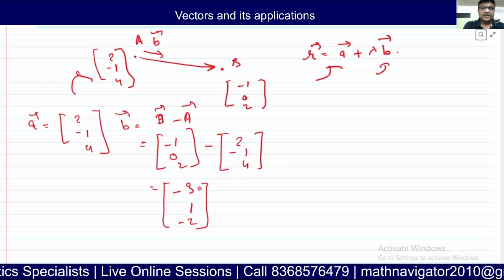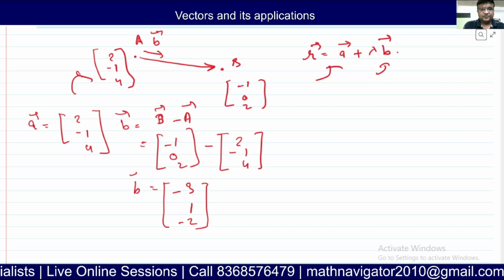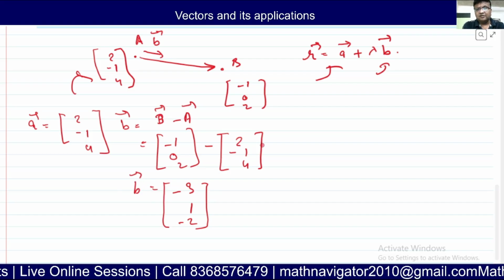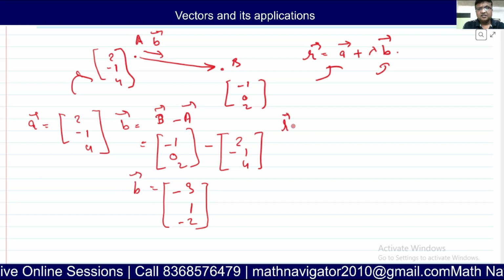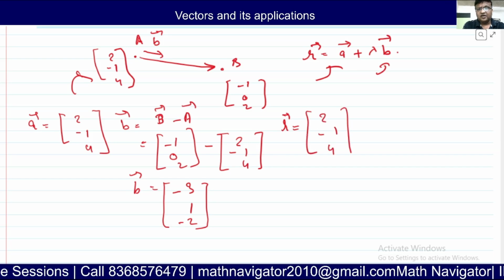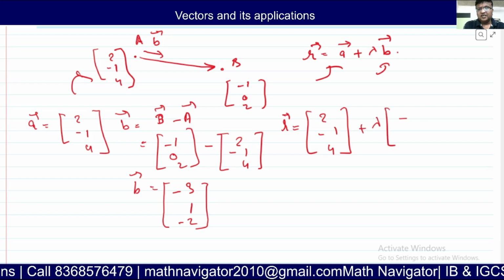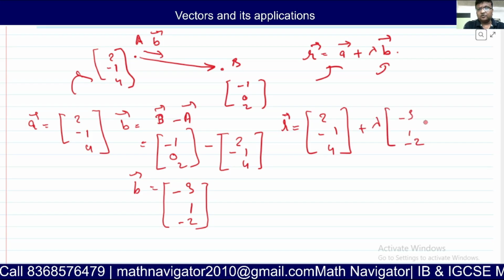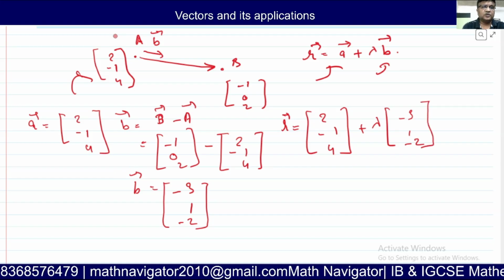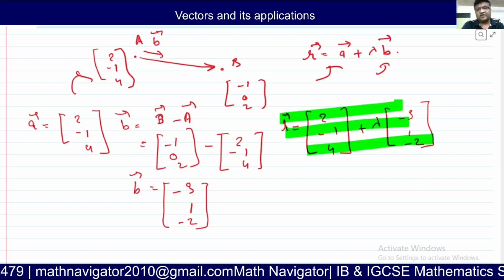So this is my direction vector, vector b. My equation will be vector r equals (2, -1, 4) plus lambda times (-3, 1, -2). This is my vector equation of a line. This is how you create a vector equation.